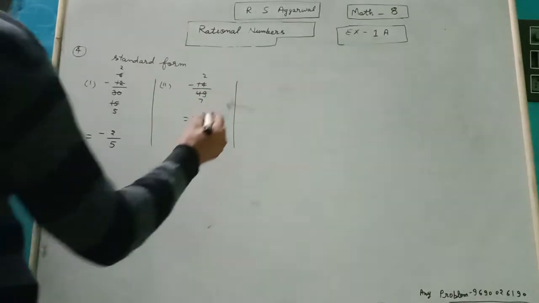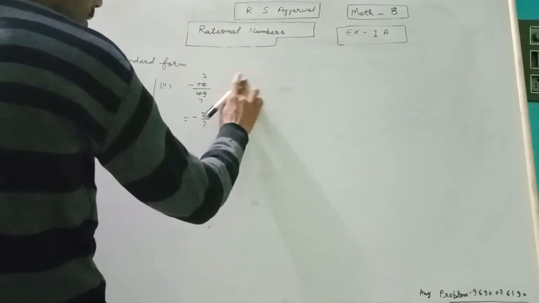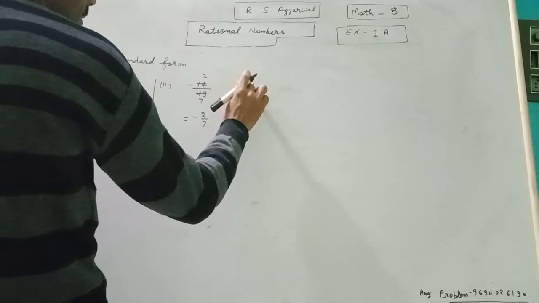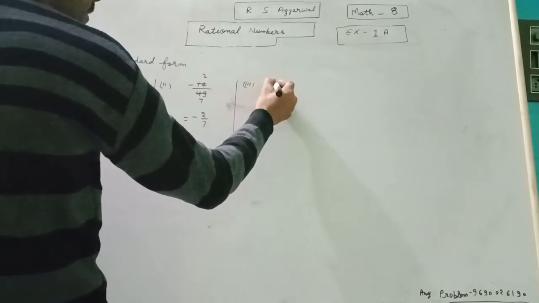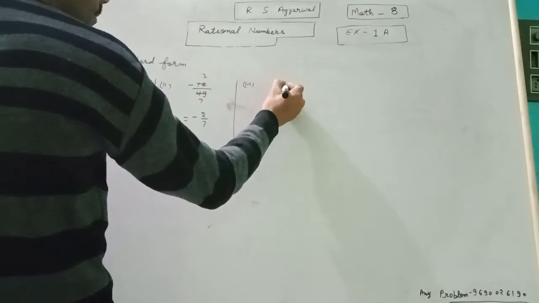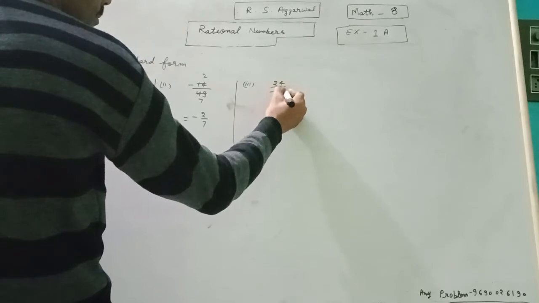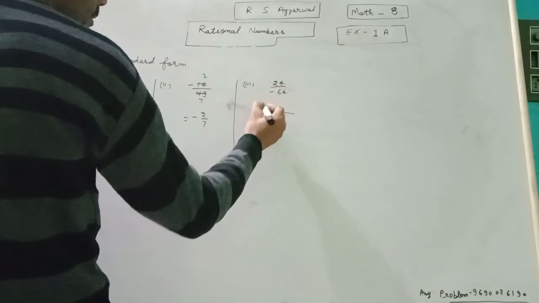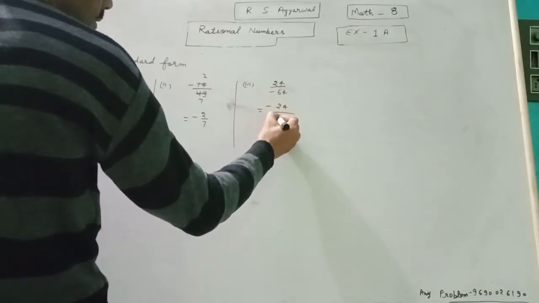Third part is 24 upon minus 64. Minus, put on the numerator: minus 24 upon 64.